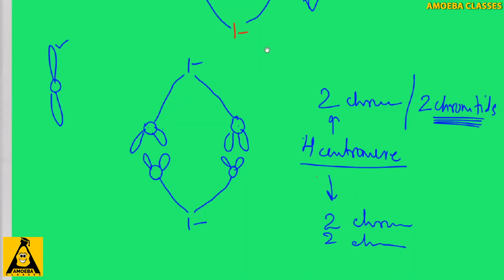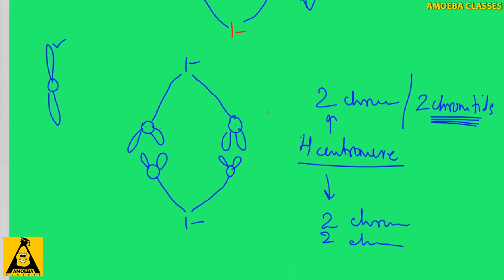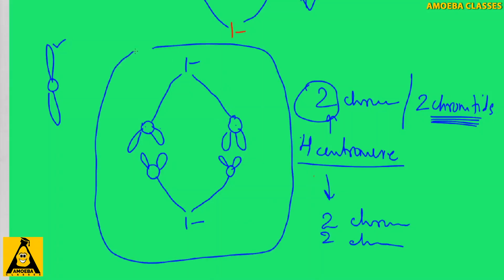Now see, we started from where? 2 chromosomes, right? And how many are we getting? 2 chromosomes, right? This one is separated and this one is separated, but this is happening right now in the same cell. The division of the nucleus is taking place right now.